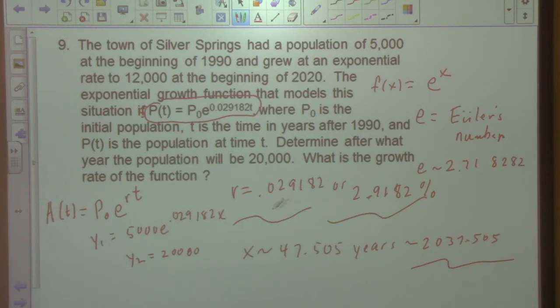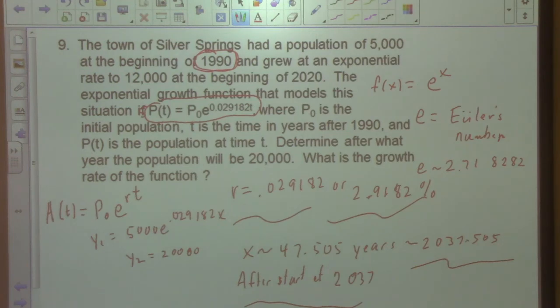So it says after what year? So after the start of 2037, right? Actually, about halfway through the year. I thought we were using 1992. No, because look, you got to add this one right here. So this is how many years after 1990.